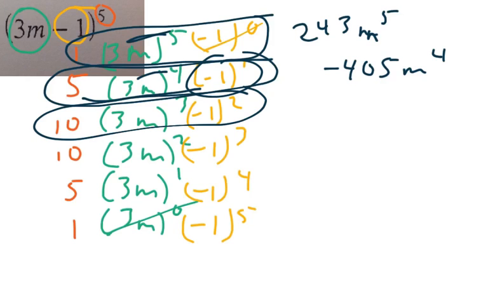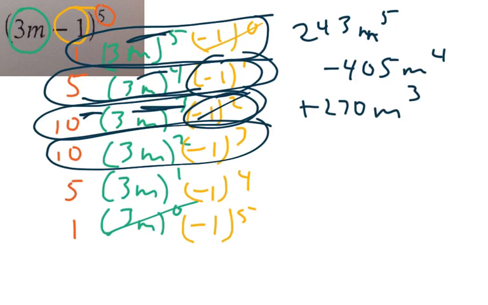Next row right here. Notice negative 1 squared is positive 1. Don't have to worry about it anymore. But I have 3 to the 3 there, guys, times a 10 there. So that's going to be a plus 270 m to the 3. Next row, notice the negative 1 to the 3 means it's simply a negative 1. And I'm going to times that with 3 squared, which is 9, times a 10.